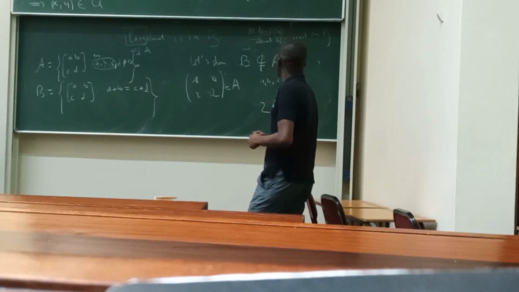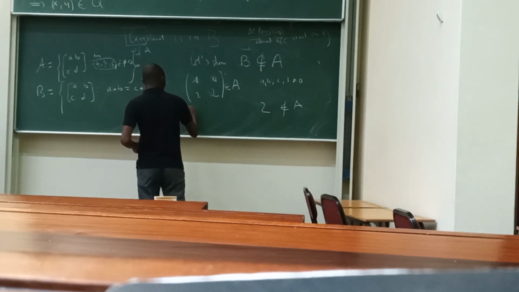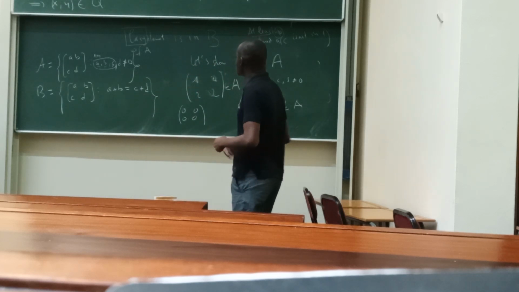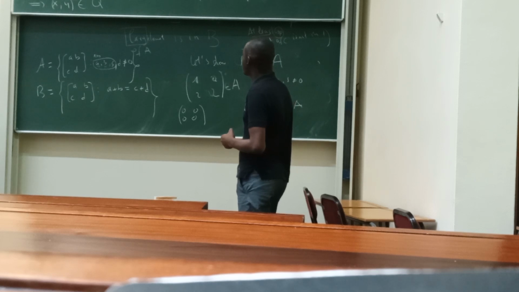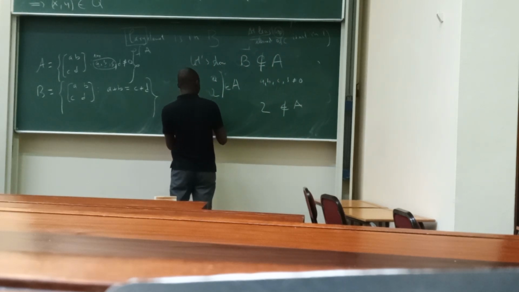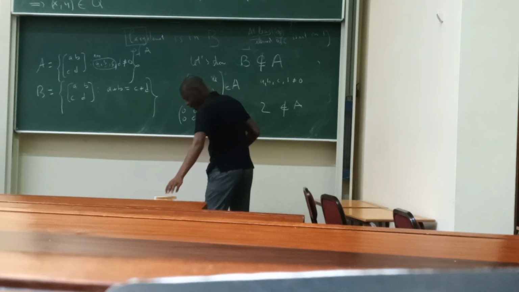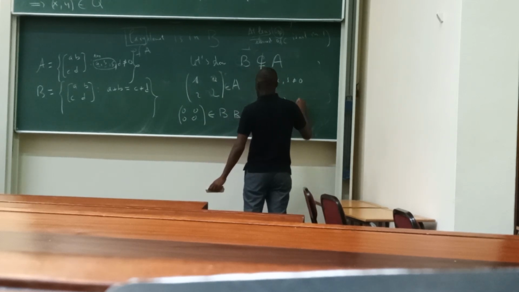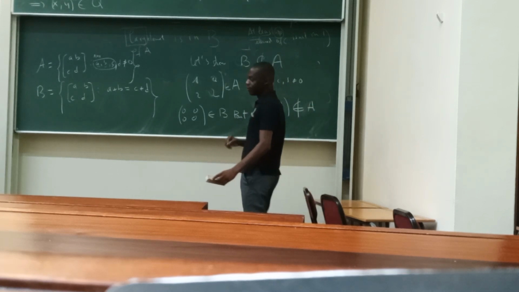It says 0, 0, 0, 0. So is 0, 0, 0, 0 an element of B? Is 0, 0, 0, 0 an element of A? So we have 0, 0, 0, 0 an element of B, but 0, 0, 0, 0 is not an element of A. Therefore, we don't use it.